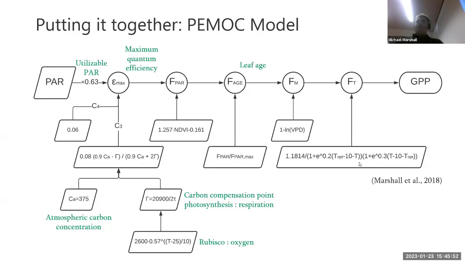And then finally, the temperature constraint. If you want to see how these look visually, go back to the previous slides, because I used these functions to define those images between FT, FM, FA, and GPP. So this is a basic schematic of how these models work.